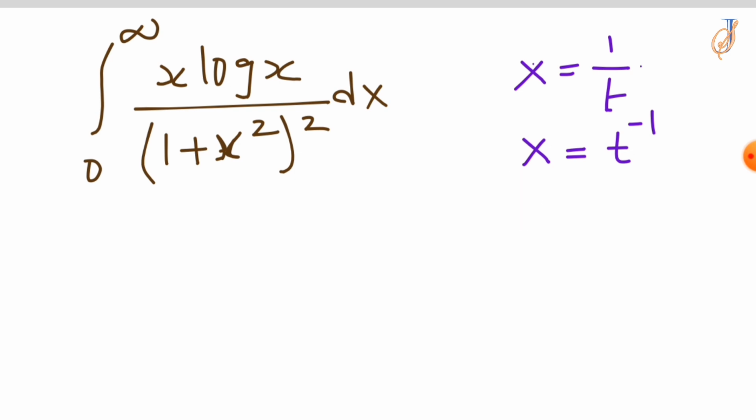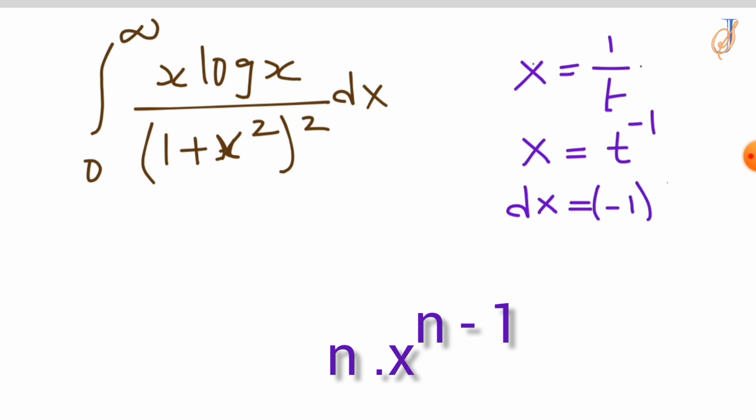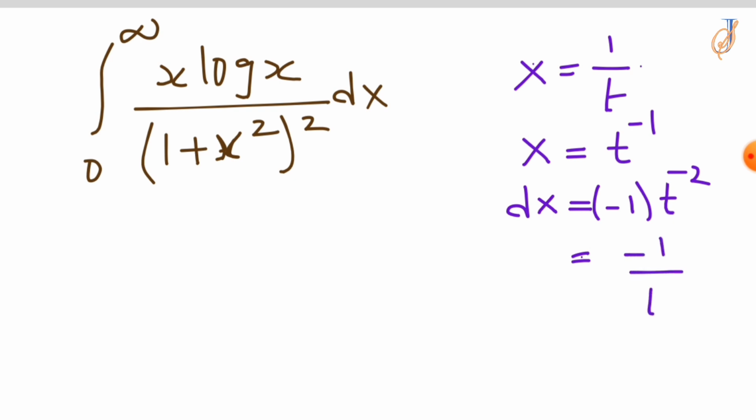If we take the derivative of x, the formula is n times t to the power n minus 1. Our n is minus 1, so minus 1 minus 1 gives minus 2. So we can write this as minus 1 over t². So our dx is minus 1 over t² dt.